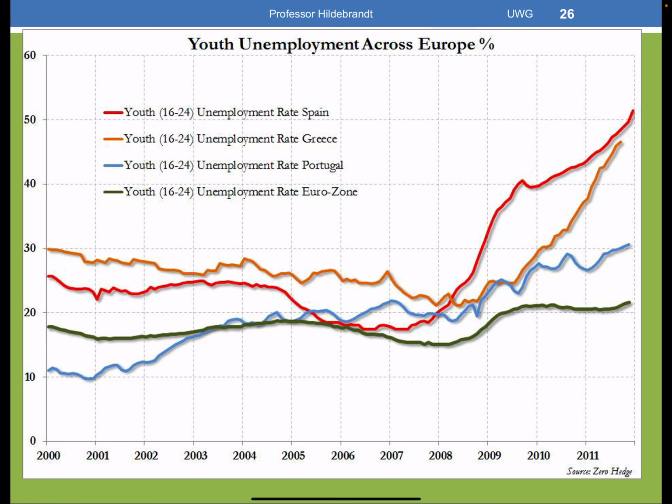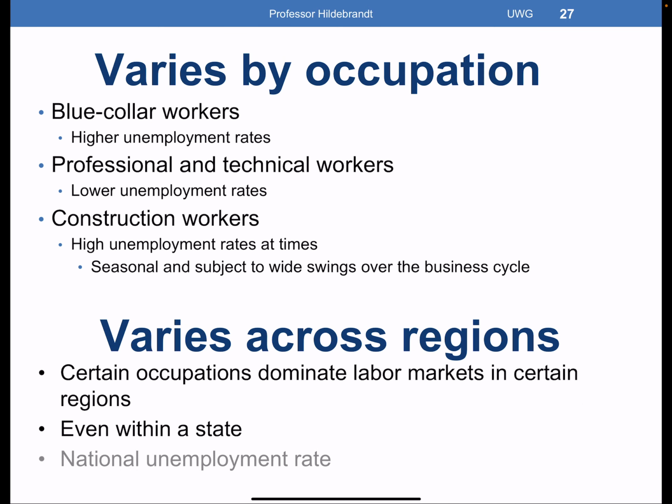I mean, look at Spain. You're talking about an over 50% unemployment rate at the height of the recession for people in Spain ages 16 to 24. 16 to 24, so that's still including adults who already had college degrees, and they still had a 50% unemployment rate, 1 in 2, okay? That's really, really high. So again, just kind of showing you how we can have differences with different groups.